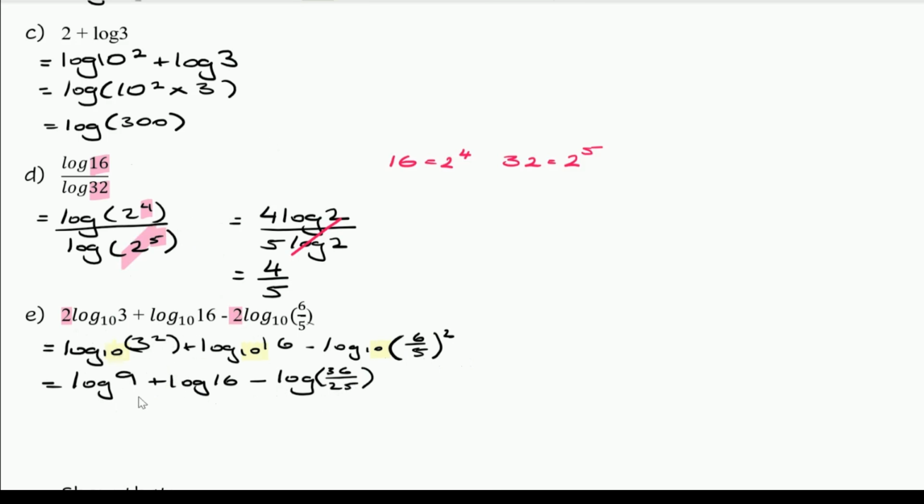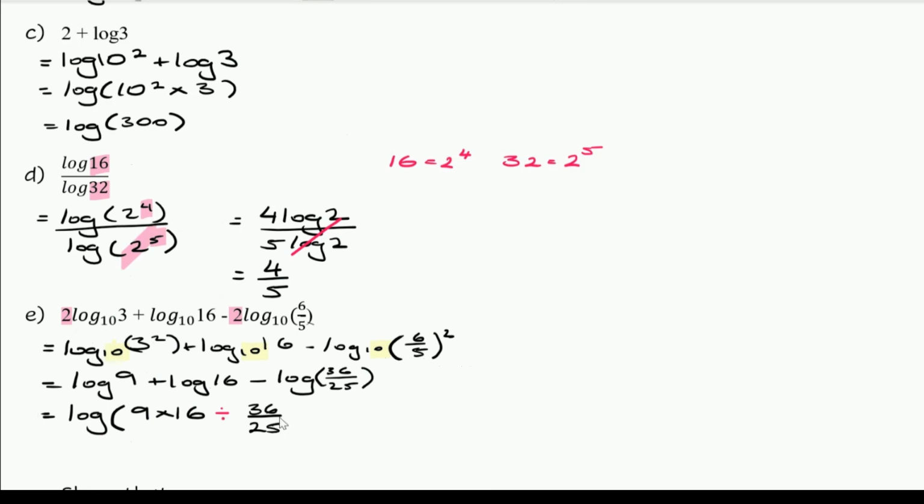Now finally, I've just got my plus and minuses here, so I'm going to use that log law number 4 and number 5 to combine these together. So this is going to be equal to log, and remember I can do 9 multiplied by 16, and technically this is going to be divided by 36 over 25.